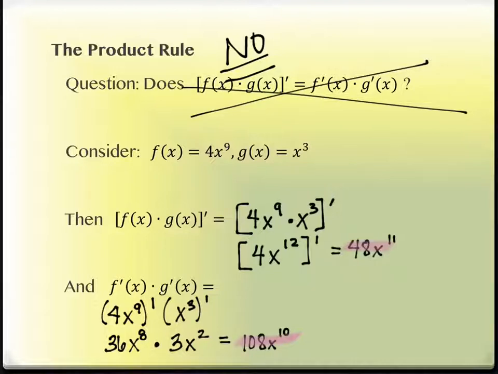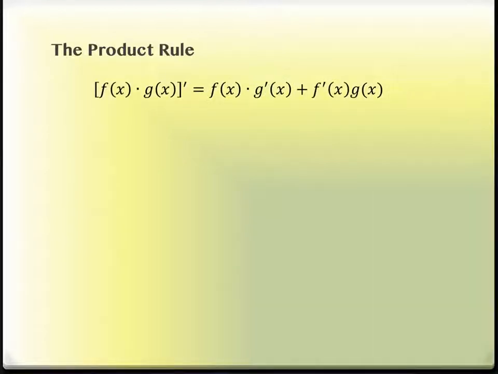So what is true? Well, this is actually the product rule. It's for when I want the derivative of a product that I can't clean up first, because the last one I could clean up first and then take the derivative. That was totally fine, but sometimes you can't do that.